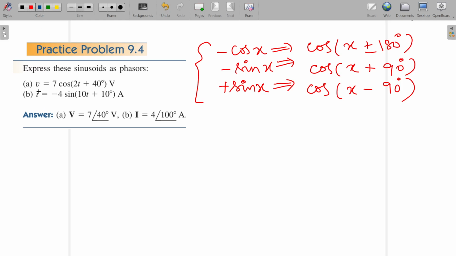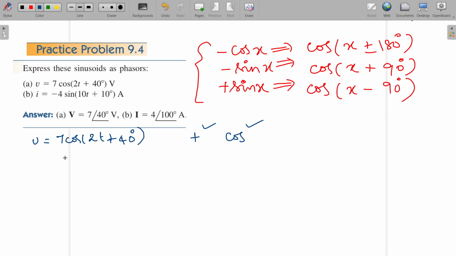Now have a look at this first problem. It is given as v equals 7 cos of 2t plus 40 degrees. Here you have the plus sign for the magnitude, that is okay, and the function is in cosine format, that is also okay.